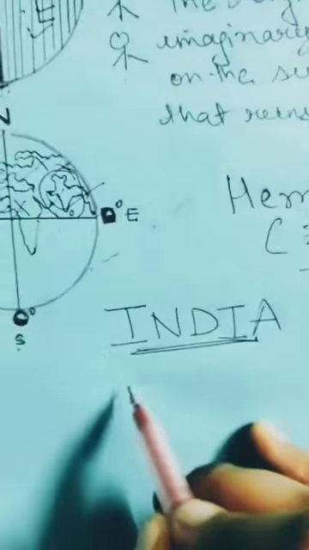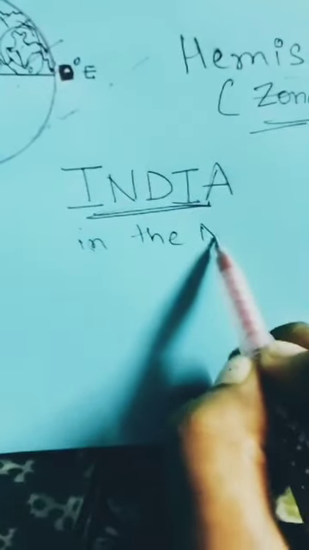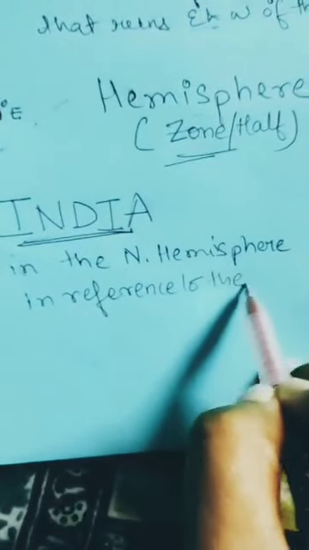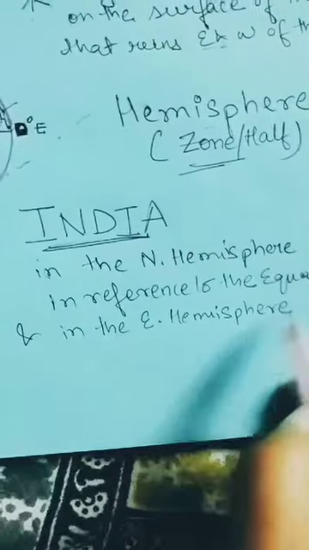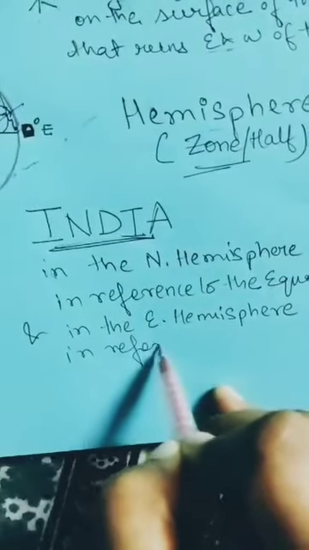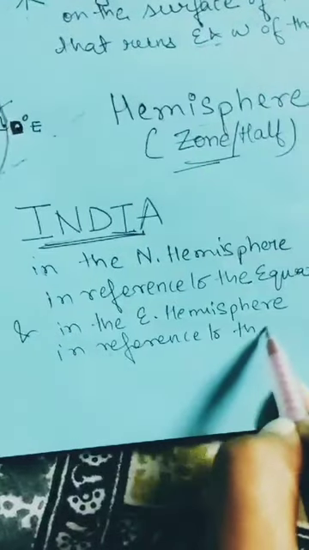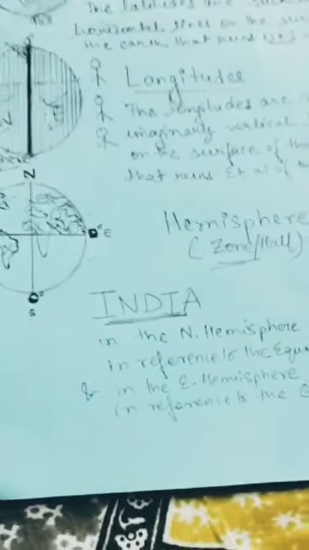India is located in the northern hemisphere in reference to the equator, and in the eastern hemisphere in reference to the GMT. Clear? Is this much clear to you all?